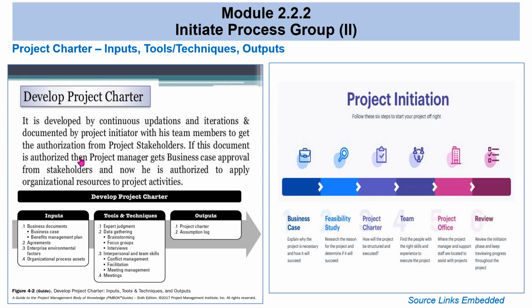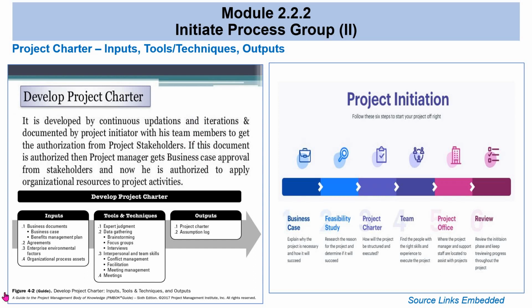And once the document is authorized and approved, then the mentioned project manager will get the business case approval from the stakeholders or the sponsor or a combination of these.